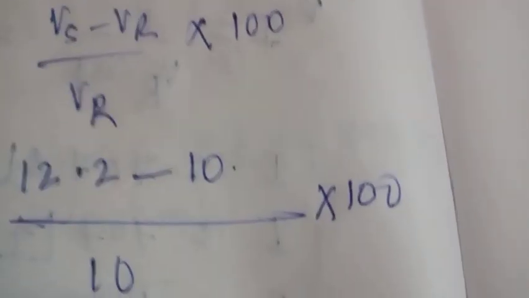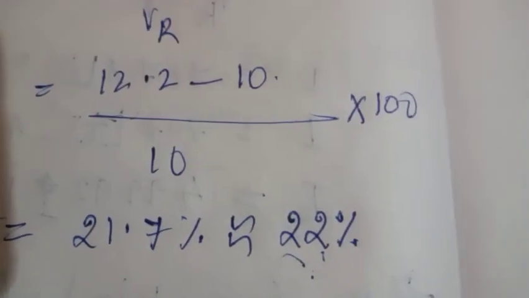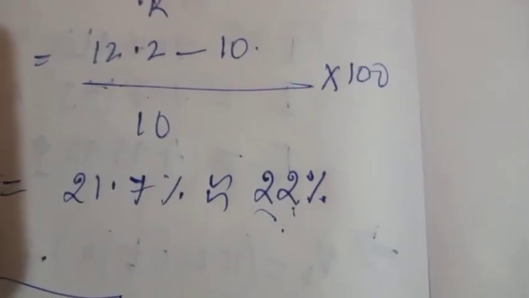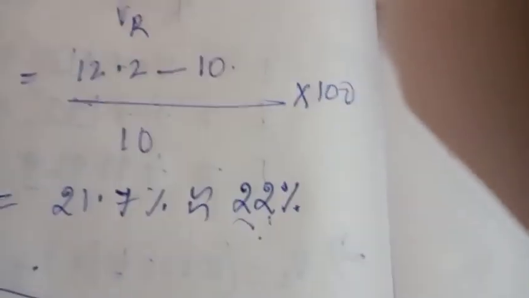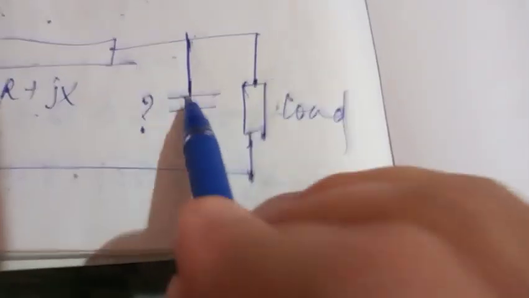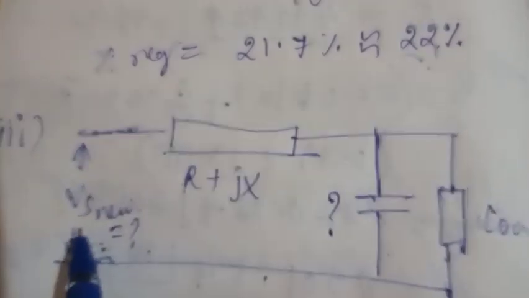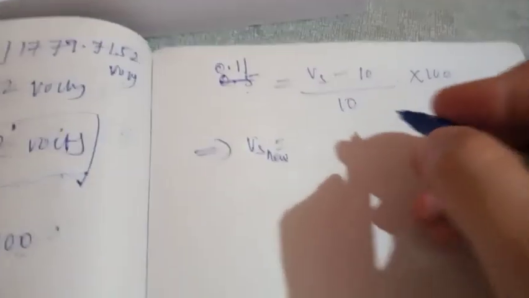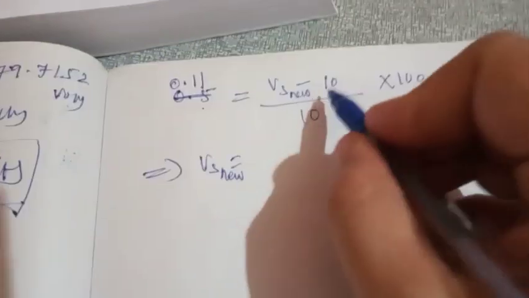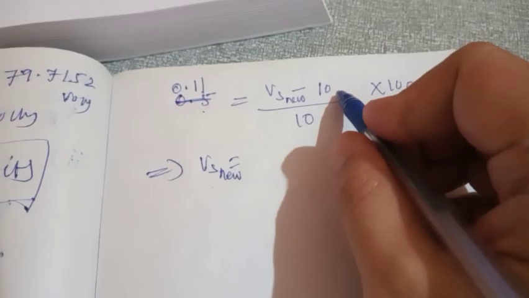What is the voltage regulation that is desired? Around 11%, because it is reduced to 11% by connecting a capacitor. What is the capacitance value and what is the new sending end voltage? The receiving end voltage remains the same.